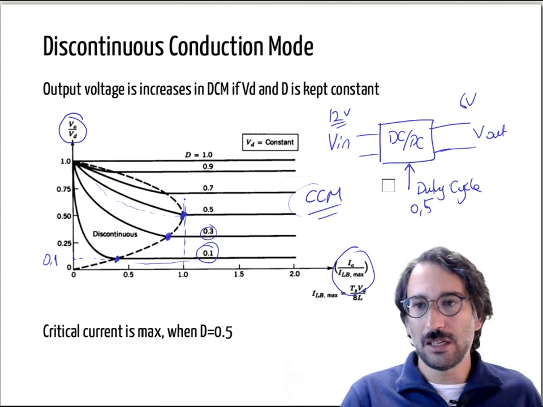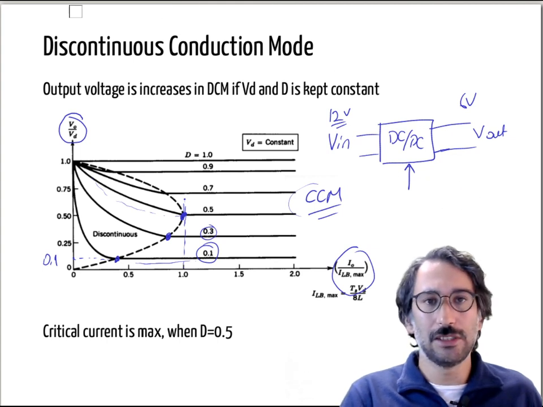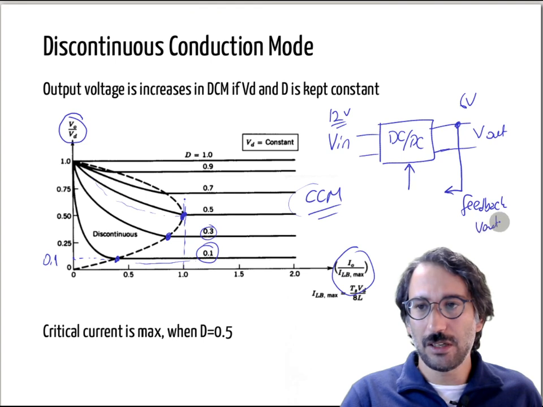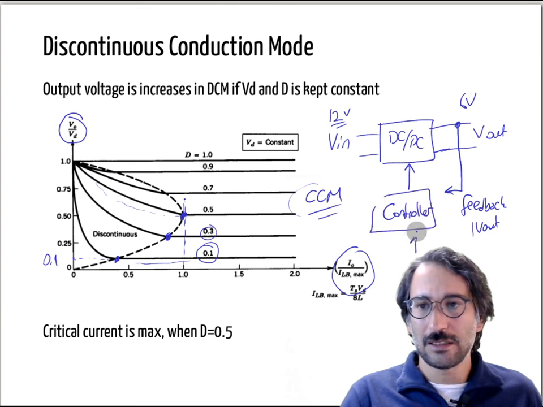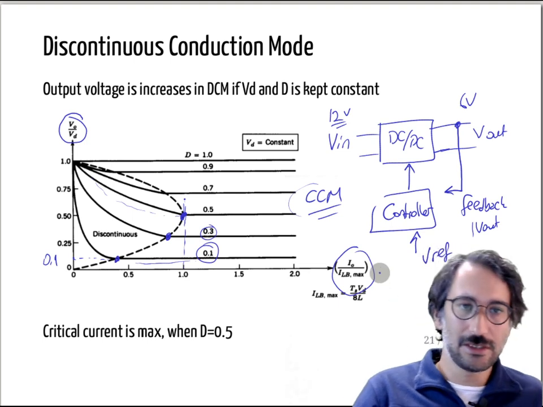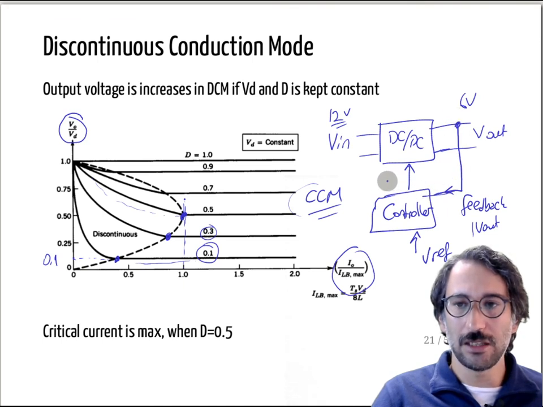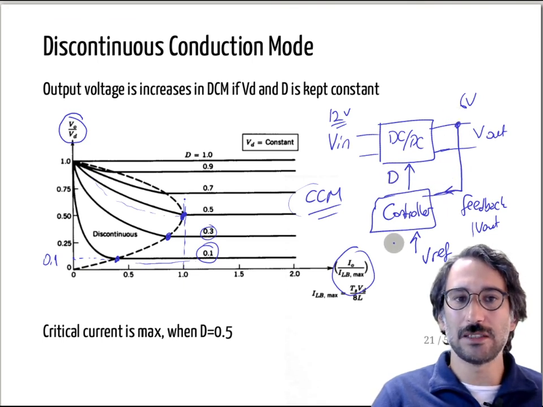So that is why in most of the converters we have a feedback. We are measuring the V out, okay, then you have some kind of controller, and it is comparing it with some kind of reference voltage, and then depending on your actual output voltage, you apply some duty cycle.